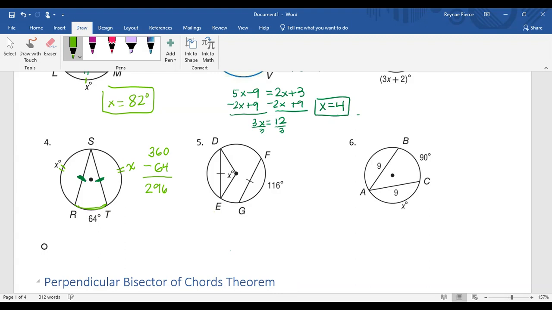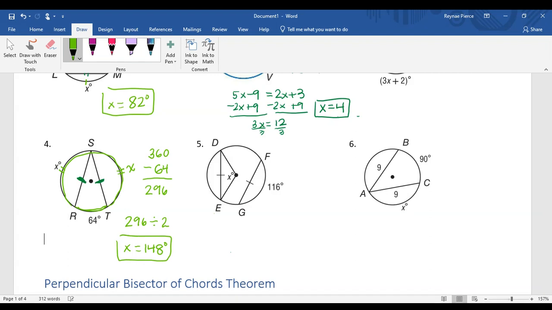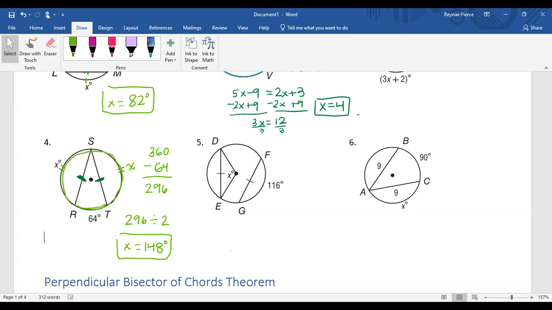And since the two arcs that we have left, RS and TS, are congruent, we take that 296 degrees that we have left and cut it in half. So X in example 4 is 148 degrees. Try example 5 and 6 on your own, and we're going to move on.